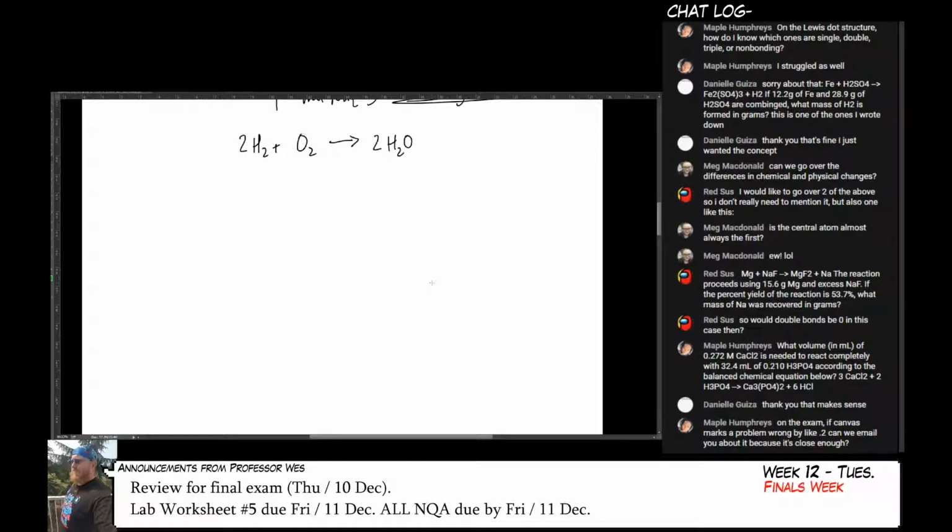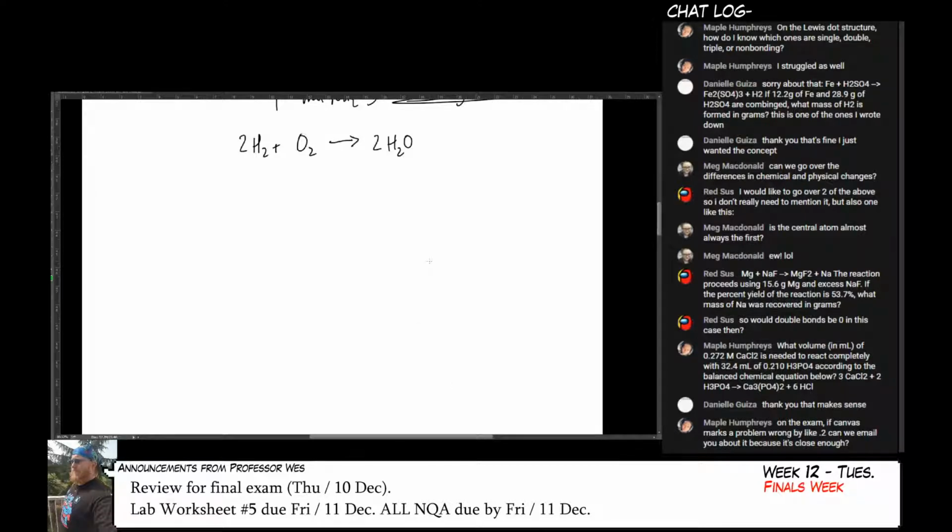If the exam marks you wrong because you were off by 0.2, yeah, email me because that should be close enough. The problem thresholds that I set should be within 0.3 on the last digit, whatever that ends up being. If the answer goes down to the thousandths place and it's 20.005, then if you put 20.1, you're too far off. It'll mark wrong and I'll say, sorry, you're wrong.